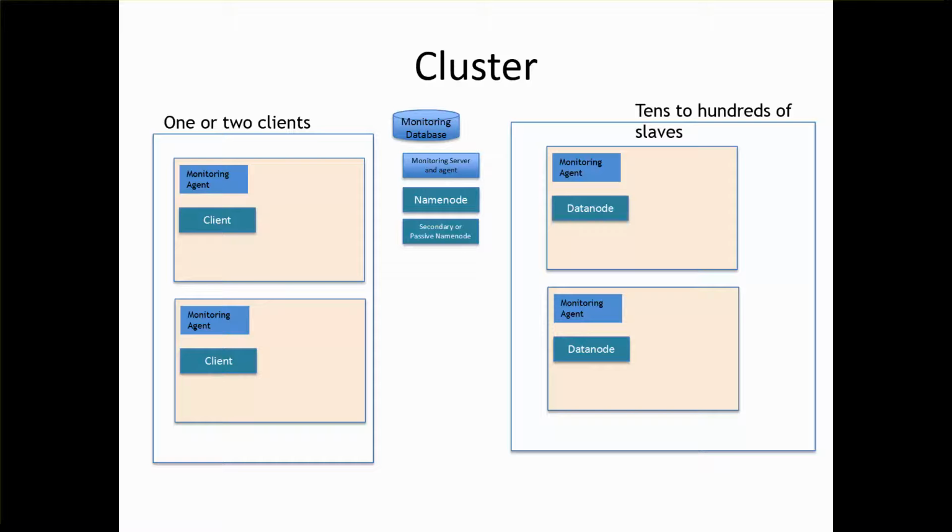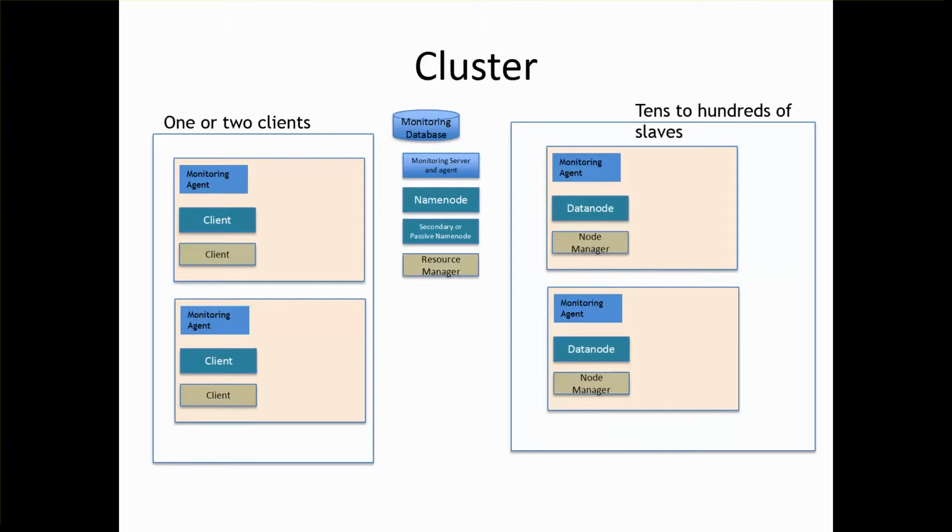You will see how it can be done later. For now, just visualize that you will have a data node daemon process configured on all the servers which are designated as slaves, and we'll have name node and secondary name node on two different servers which are designated as masters, and then you have the client, with the configuration files and binaries deployed on the two client nodes.